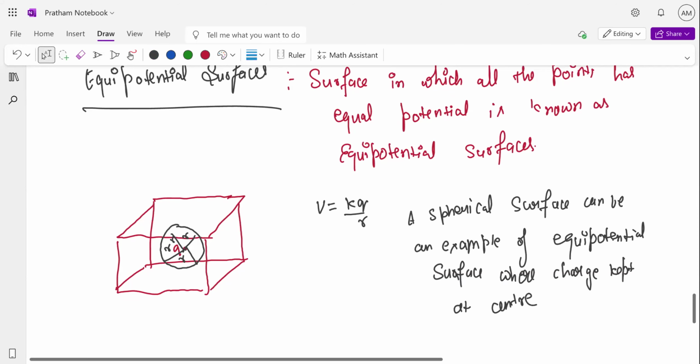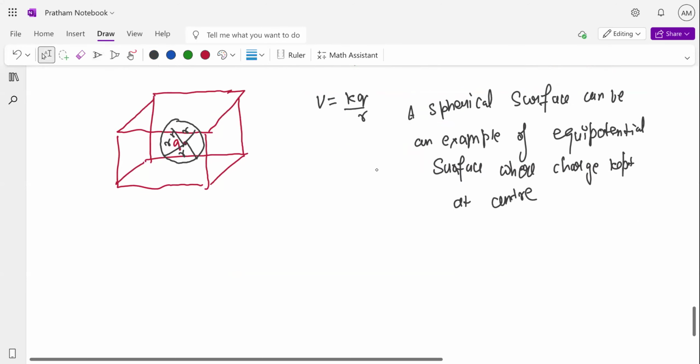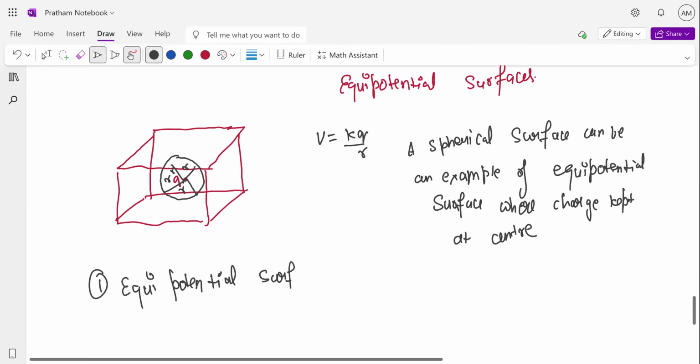One more thing: equipotential surfaces never cross each other. I'm not talking about one object, I'm writing the characteristics of equipotential surfaces.